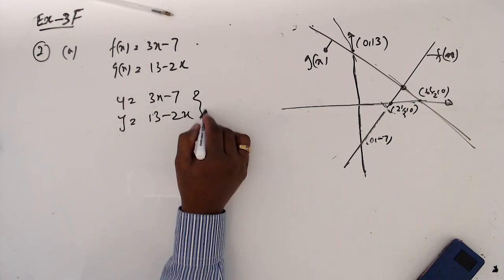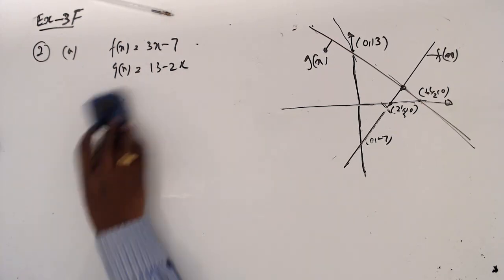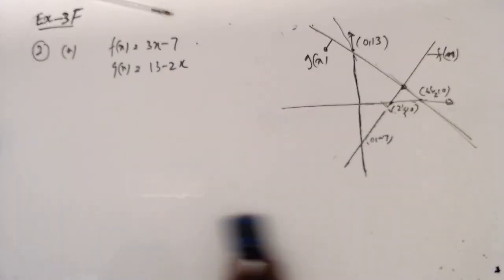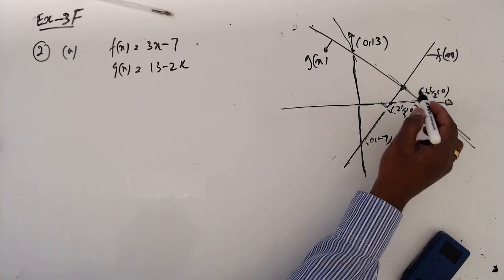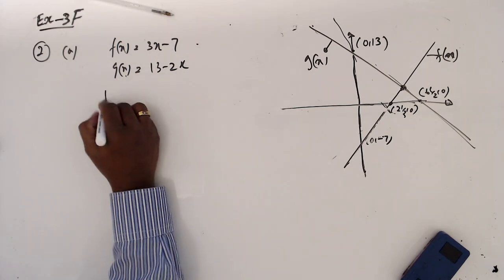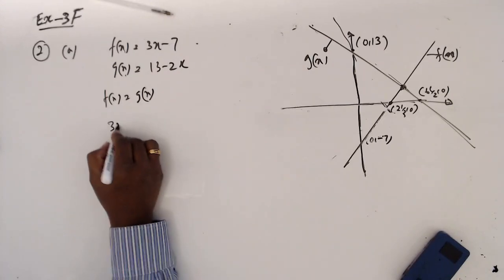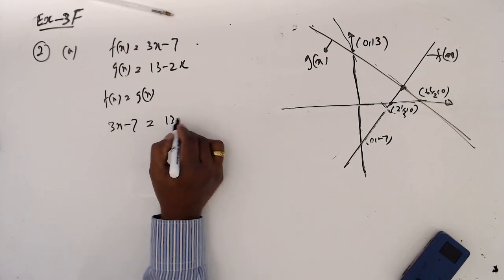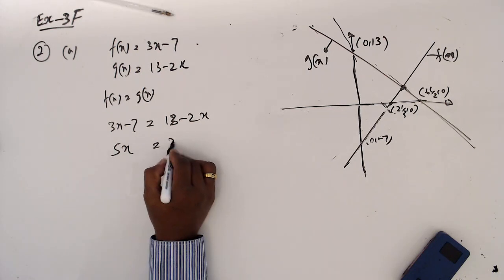At the intersection point, the y values are the same. So f(x) equals g(x). So 3x minus 7 equals 13 minus 2x.